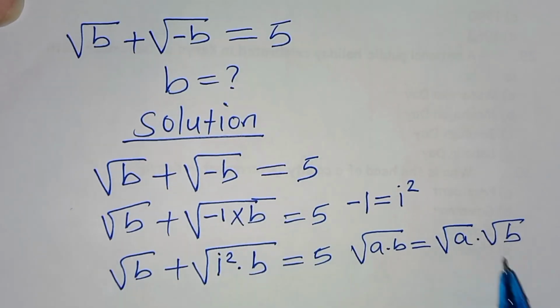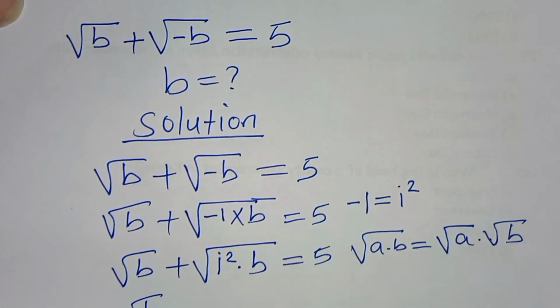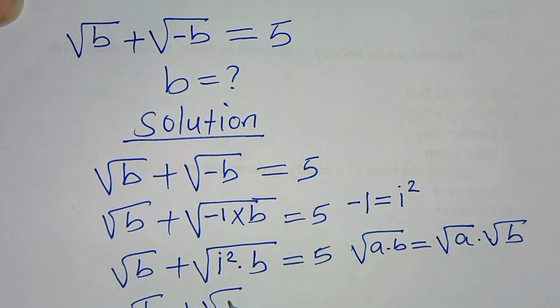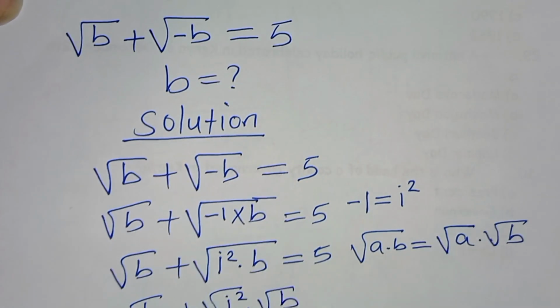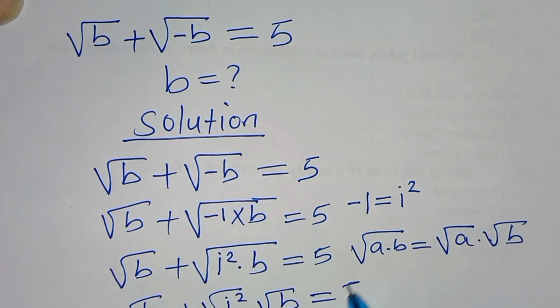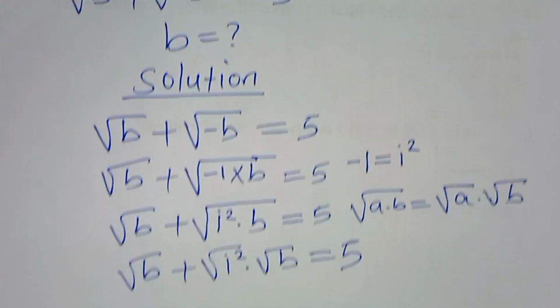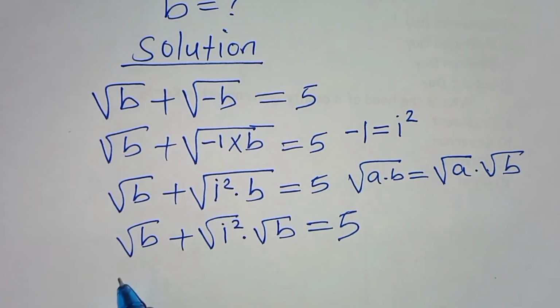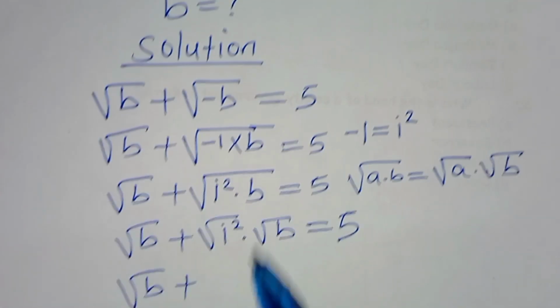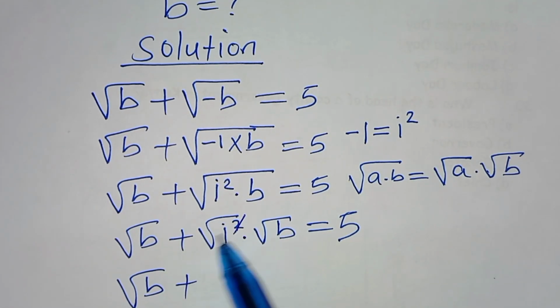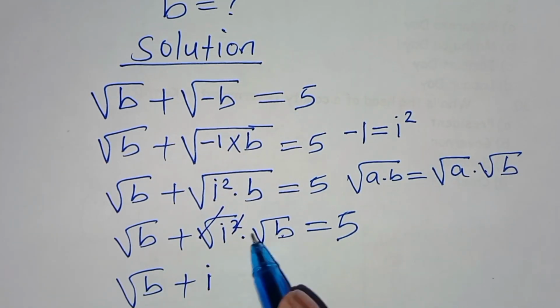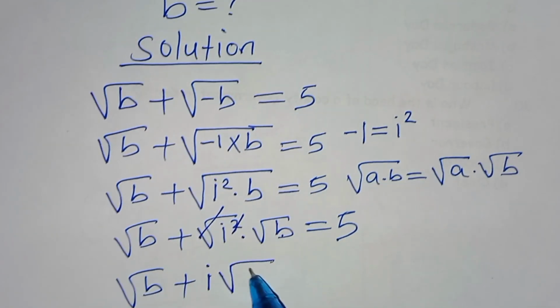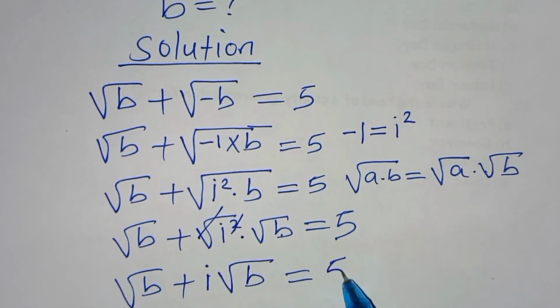Applying this, we have the square root of b plus the square root of i squared multiplied by the square root of b, equal to 5. Let's eliminate the square root sign: the square root of i squared is the same thing as i. So we have the square root of b plus i times the square root of b, equal to 5.